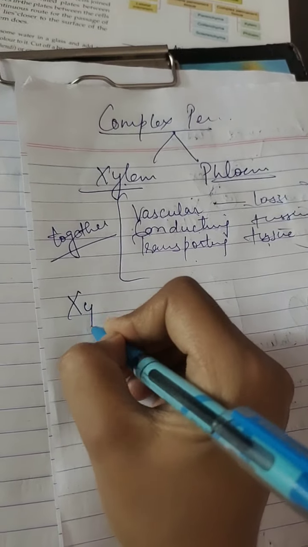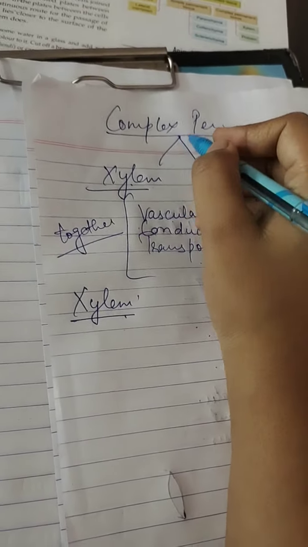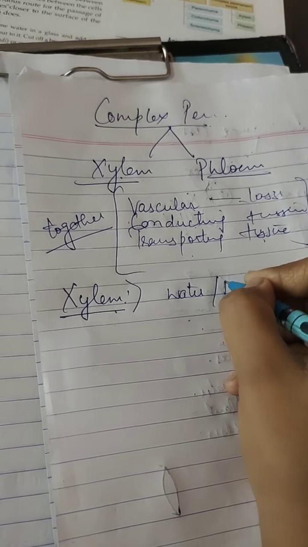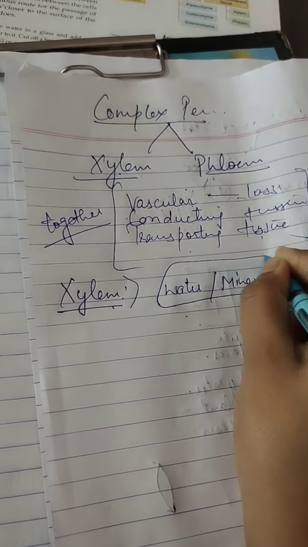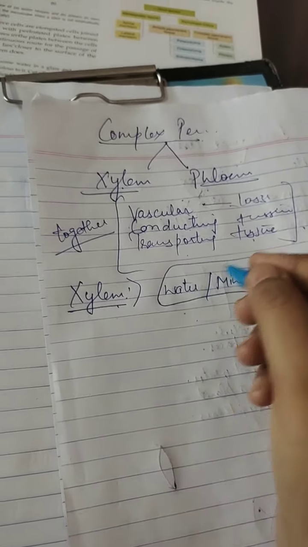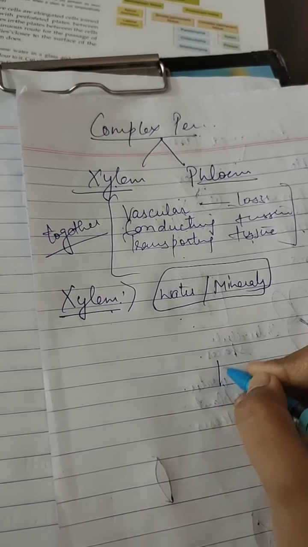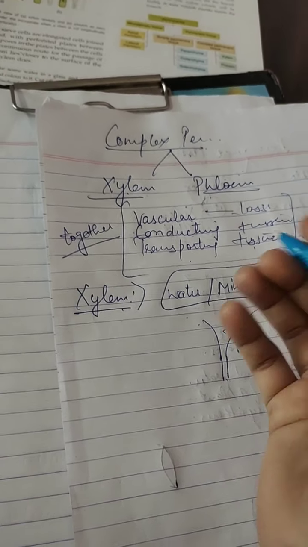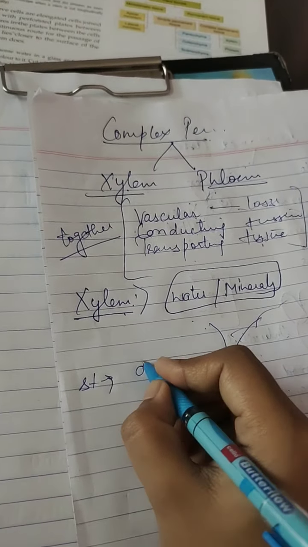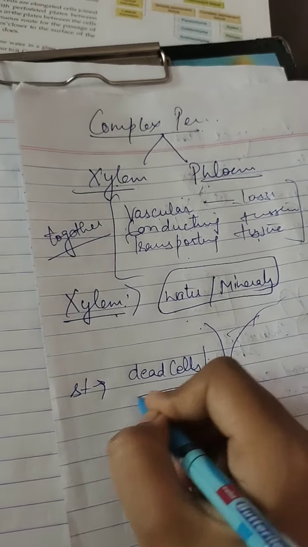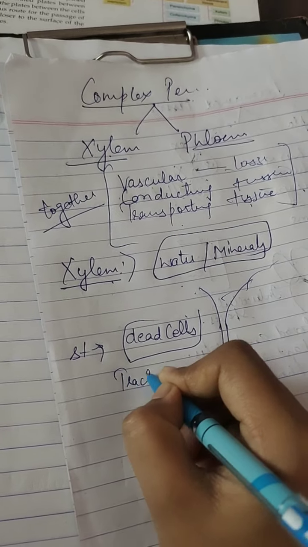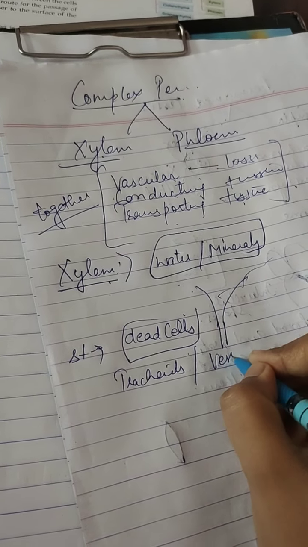So now come to the xylem. As we know that it is a type of complex permanent tissue, it transports water and minerals. This is the key term in case of xylem. It conducts water and minerals from the roots to the various parts of the plant. This is the function. Now its structure. Mostly it is made up of dead cells, and these are tracheids or vessels.